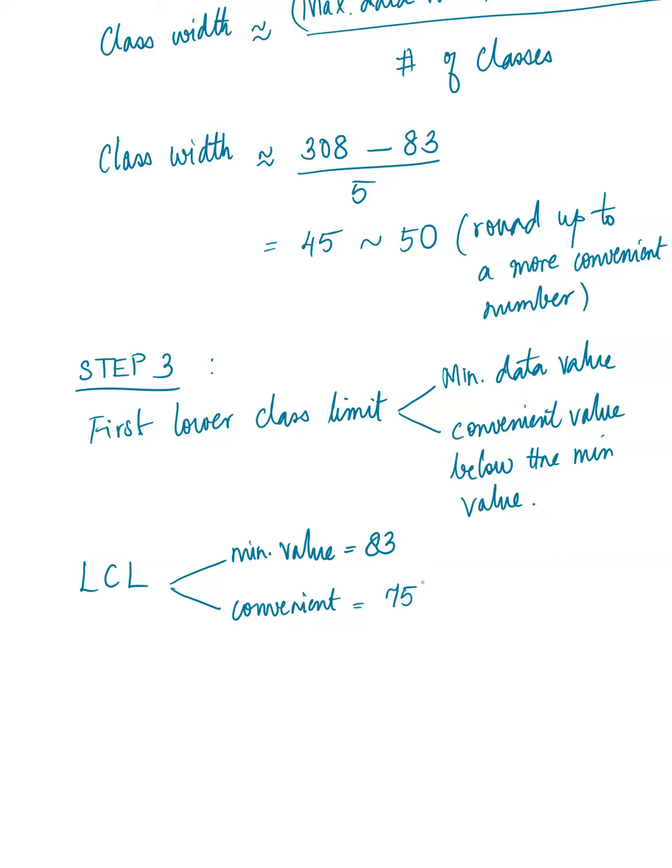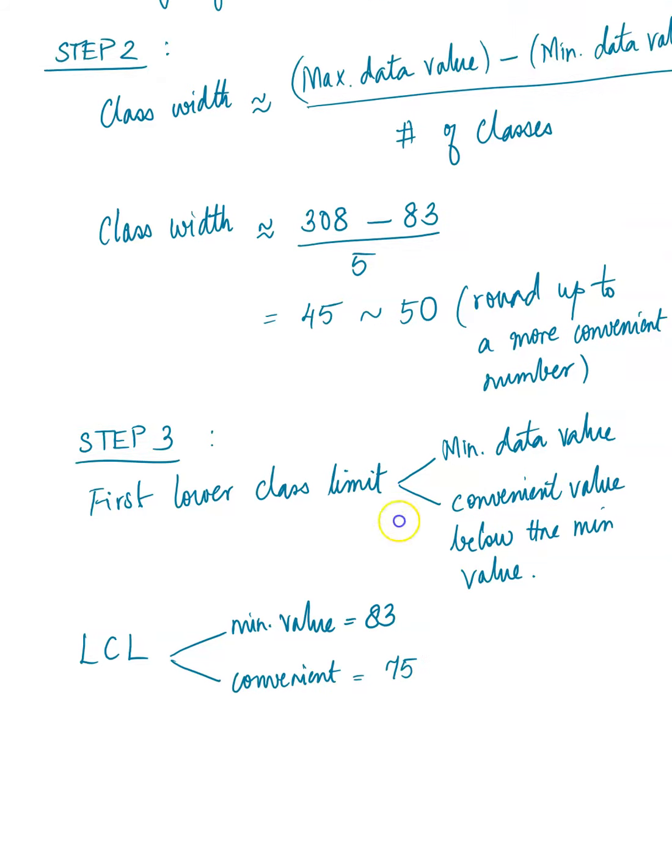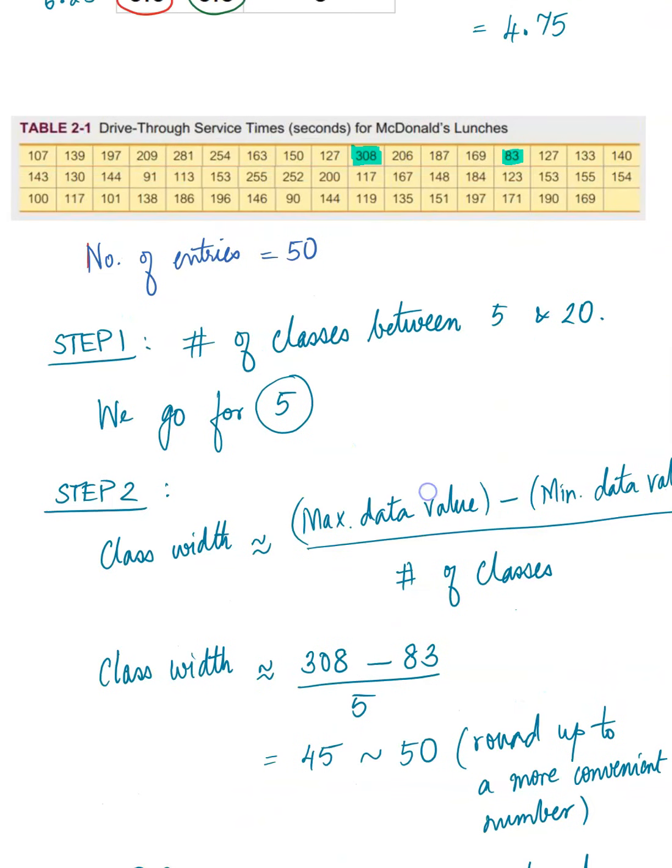Okay, 75, so that I can keep adding the class width to the 75. For that, you should also look at your data spread. So I'm just choosing 75. You could choose 80, no problem. You can start at 80 and then keep adding your class width to it, because that is the next step.